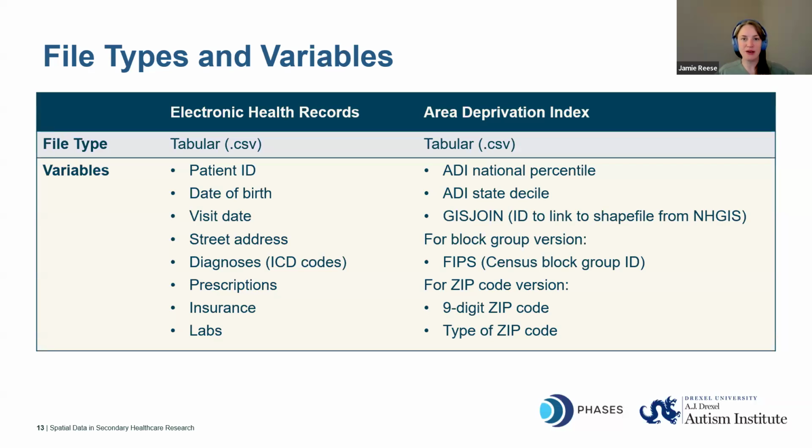And then we need to look at whether we even need a spatial join. And the way that we do that is to compare the variables on each data set. So if you take a quick scan through what's in some of the fields on the electronic health records, and then in the area deprivation index, you can see that there's not a one-to-one, with the exception of possibly street address if you reliably had 9-digit zip code on every record, which I don't know, Dan, if that's the case, but I highly doubt that that's the case.